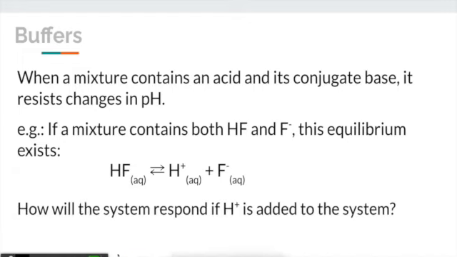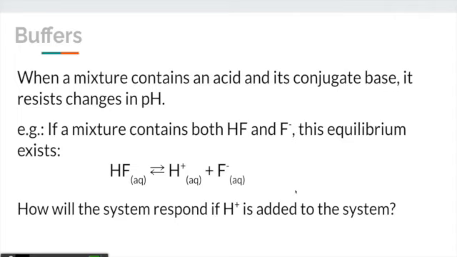Think about what happens to this system, thinking about Le Chatelier's principle. How will this system respond if H plus is added to the system? Well, if I add H plus to the system, the reaction is going to shift to the left, according to Le Chatelier's principle, because Q is going to get too big, and so you're going to lose products and make reactants.